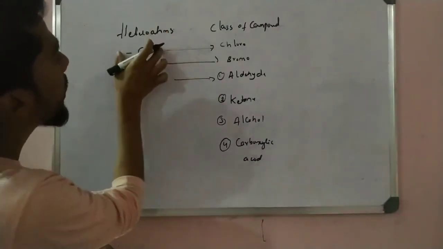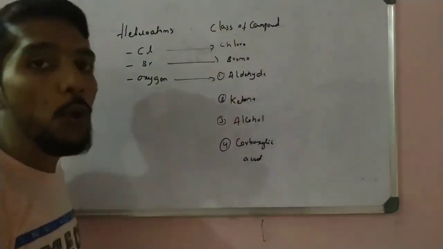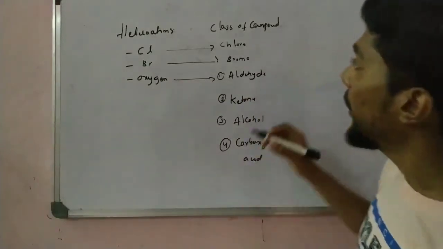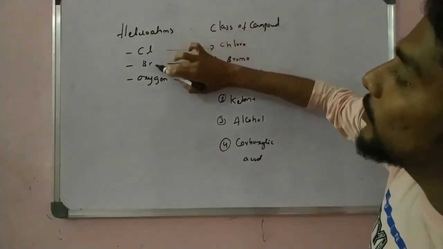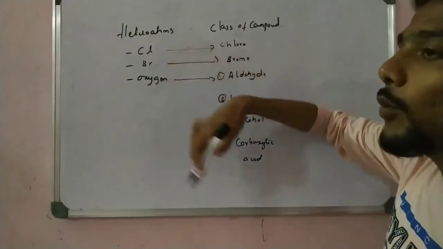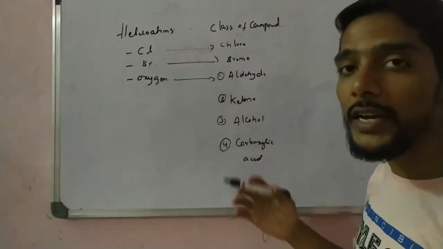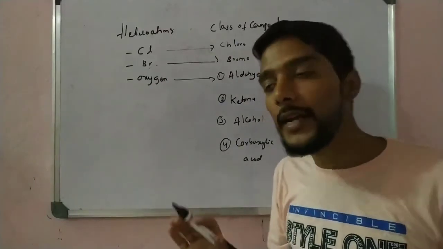If the halogen is chlorine, the class of compound is a chloro compound. If the heteroatom is Br, and I remove one H and use Br in the place of H, the class of compound is bromo. We can take bromomethane, bromopentane, like that.